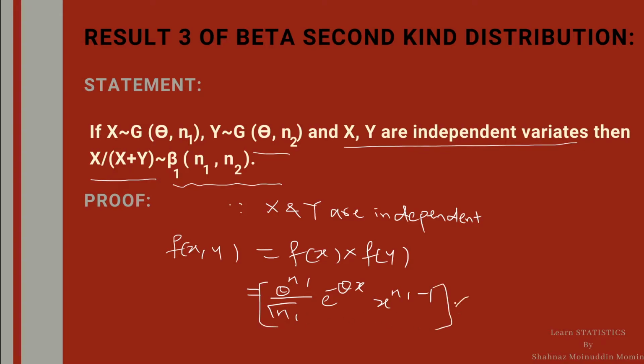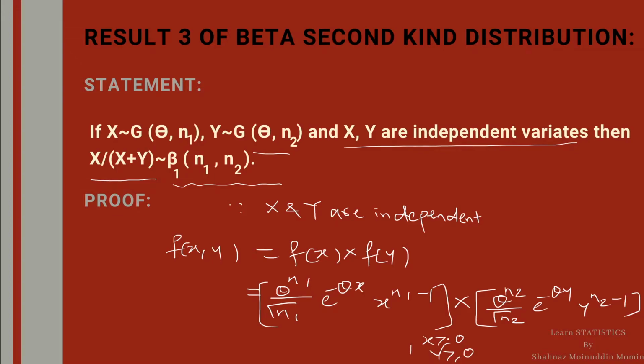into theta raised to n2 over gamma n2, e raised to minus theta y, y raised to n2 minus 1, x greater than or equal to 0 and y also greater than or equal to 0, since X and Y are gamma variates.